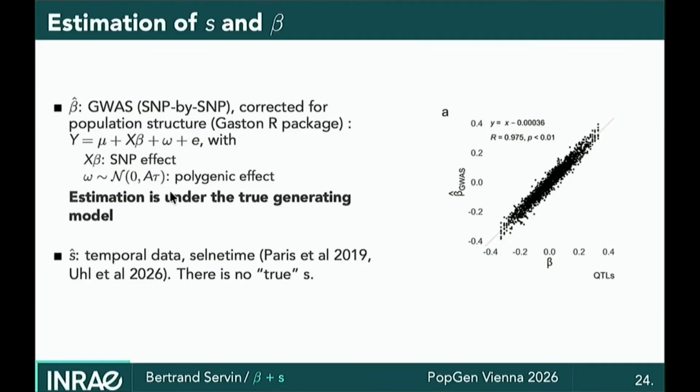And for S hat, we use the package I was talking about. Here there is no true S, because we don't know what S is. S is just a consequence of phenotypic selection on the trait and on the beta. That's really the hard part. We don't know the selection coefficient of a locus when you select on a phenotype because it's really indirect.